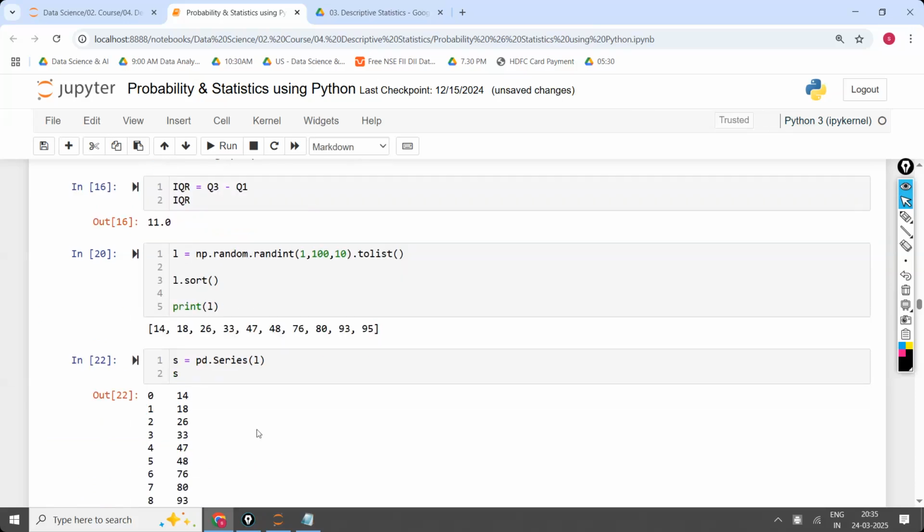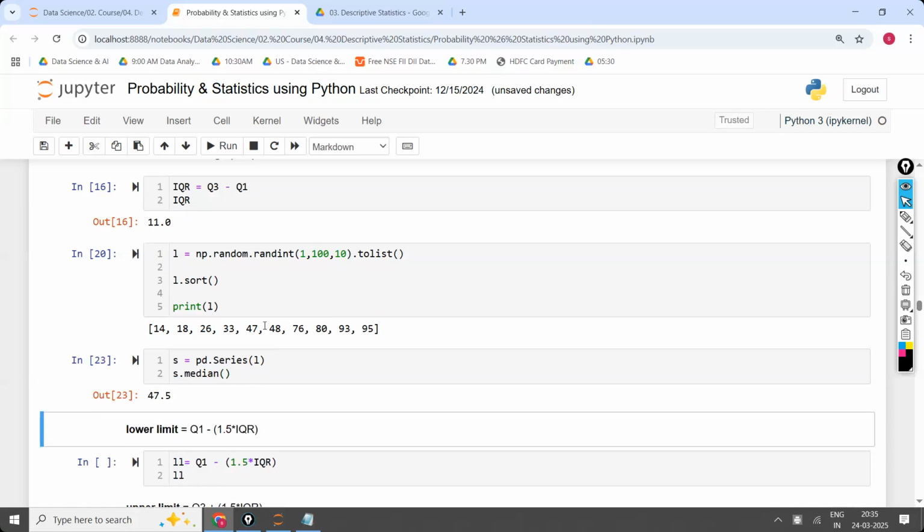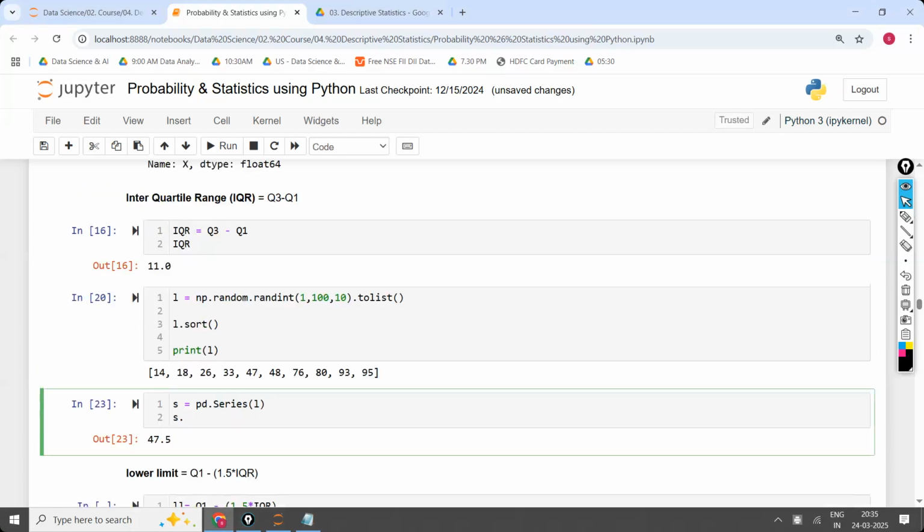After calculating the median, I'm adding the median for this. What is the median in my case? 47.5 in my case. And this is the output in my case, right? The median is nothing but the center position value. Obviously, two center values will be there. You also chose 10 numbers only, I have also chosen 10 numbers. So obviously, two center values will be there. For that we have to take the average. My average is 47.5, which is Q2.